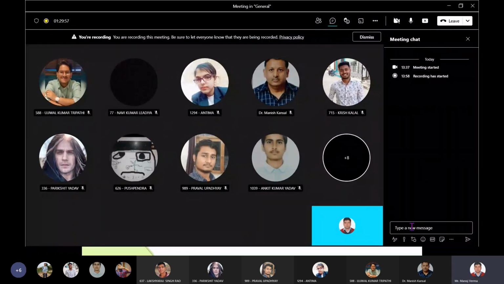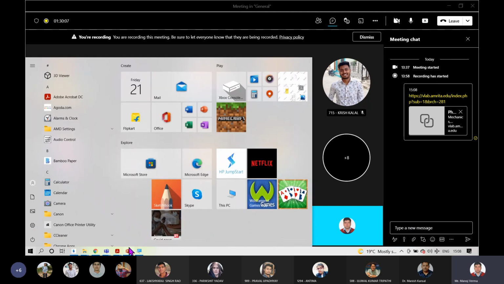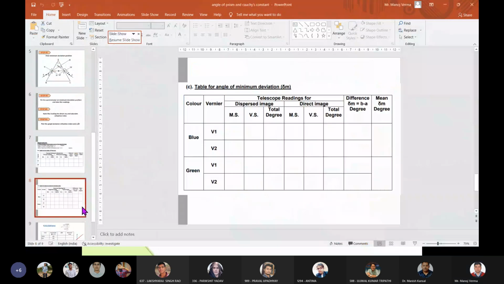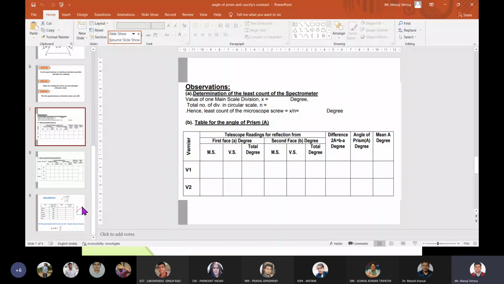But yes, before performing this experiment, you have to find the least count of the given spectrometer, and in a very clear way, I will also show you how you have to make observation tables. See, in this way you have to make the observation table. Telescope reading for reflection from first face and second face, the main scale divisions and the vernier scale readings, and then the total reading in degrees.